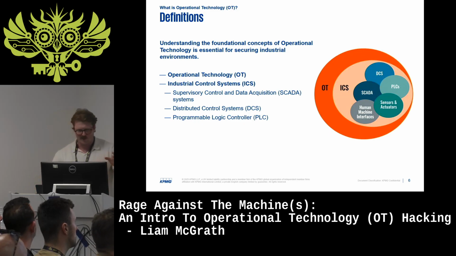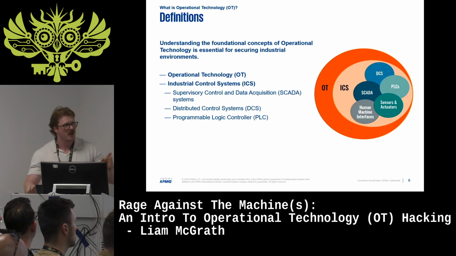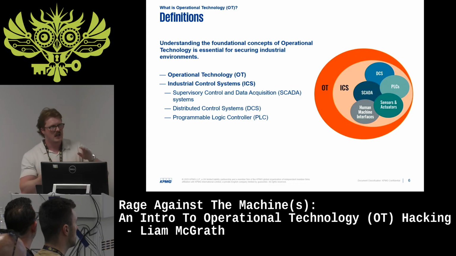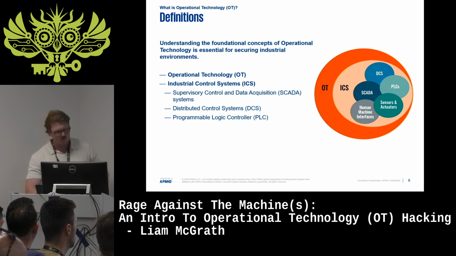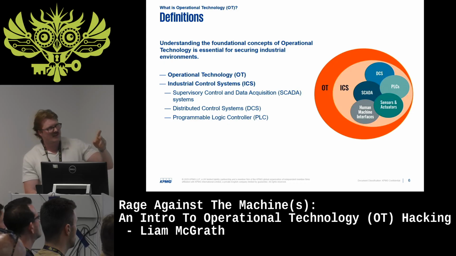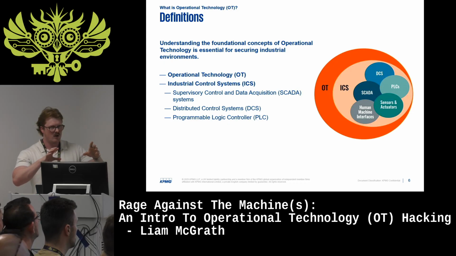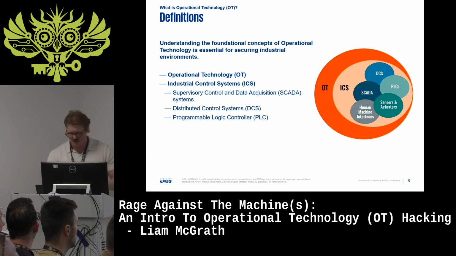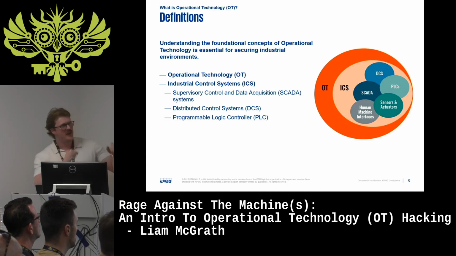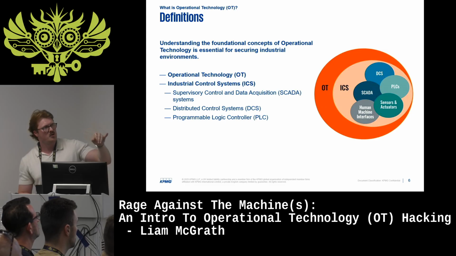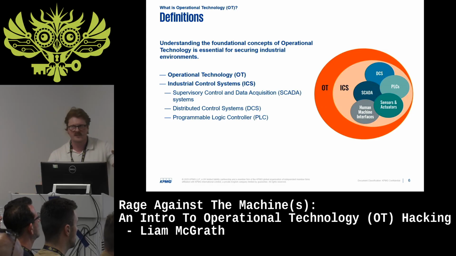Those are typically used for data collection and remote monitoring, and you'll typically find these in large-scale environments such as power lines, really important critical national infrastructure. Distributed control systems, or DCS, these tend to be in more localized single plants, so you talk about manufacturing, oil refineries, power plants, and then you have programmable logic controllers, which is kind of what it says on the tin. These are a bit more bespoke, and depending on where you're at, what factory, what environment you're in, these are all naturally programmed to do different things.